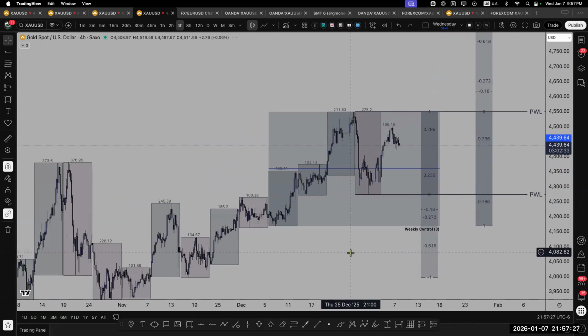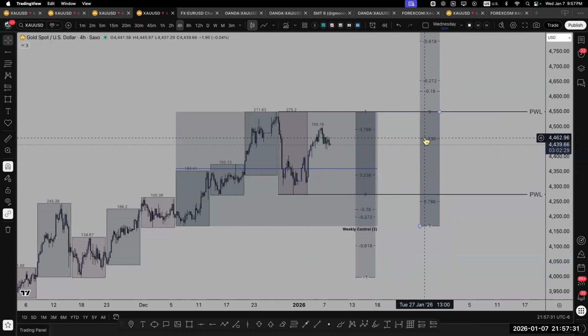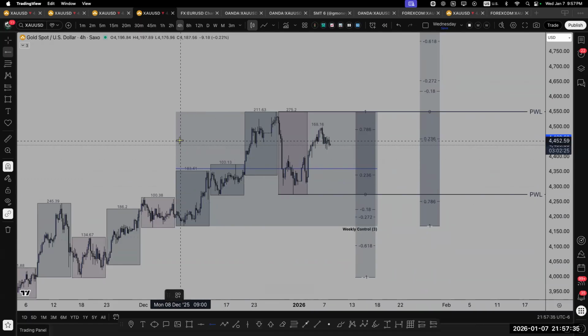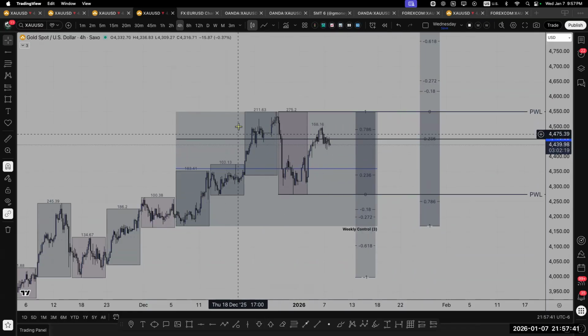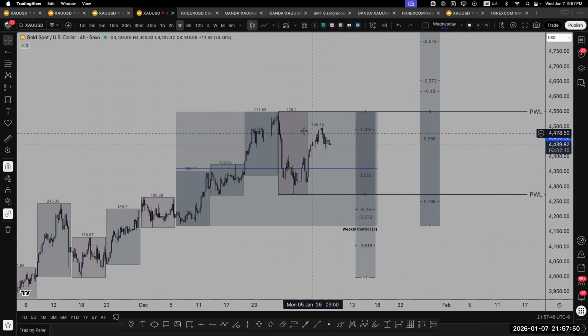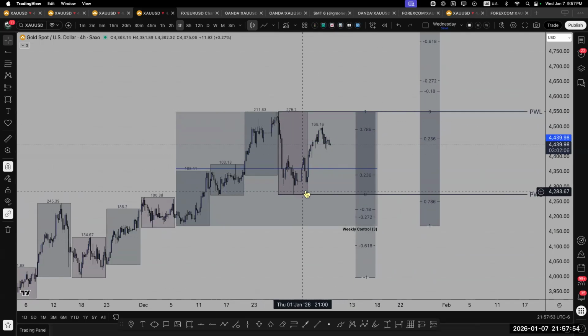Beautiful. Okay, so if we notice closely, price actually found some resistance at the 23% of the big range. So that's the resistance, that's the supply level, guys, the supply level on this bullish impulse. And we're also at the 78% of the previous week.